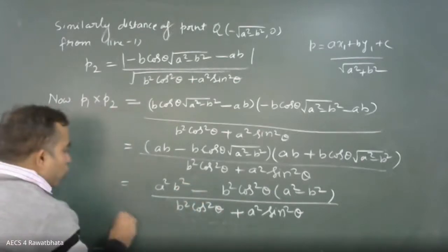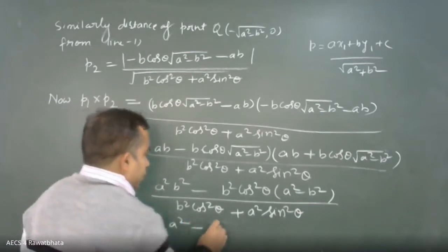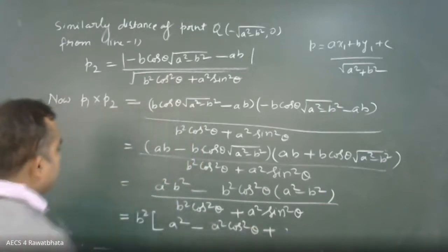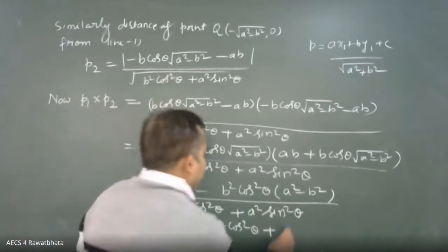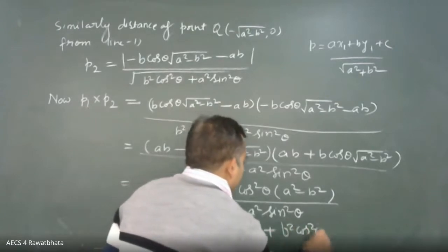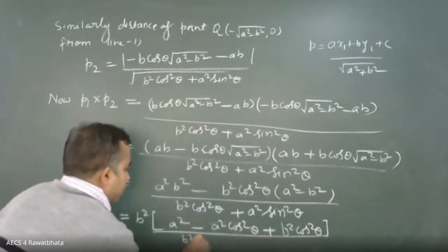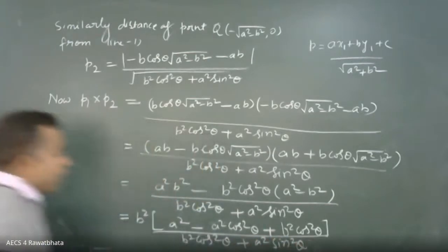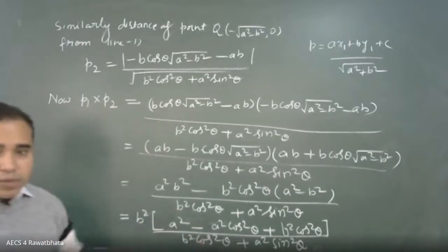I think b square can be taken common. In the bracket we'll get a square minus a square cos square theta plus b square cos square theta, whole upon, as it is, b square cos square theta plus a square sin square theta. And between the first two terms, if I take a square common, in the bracket I'll have 1 minus cos square theta, which will give us sin square theta, right?